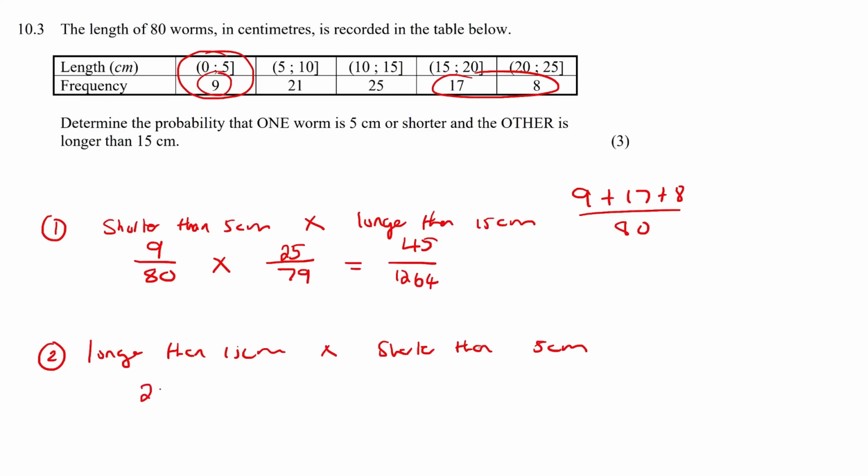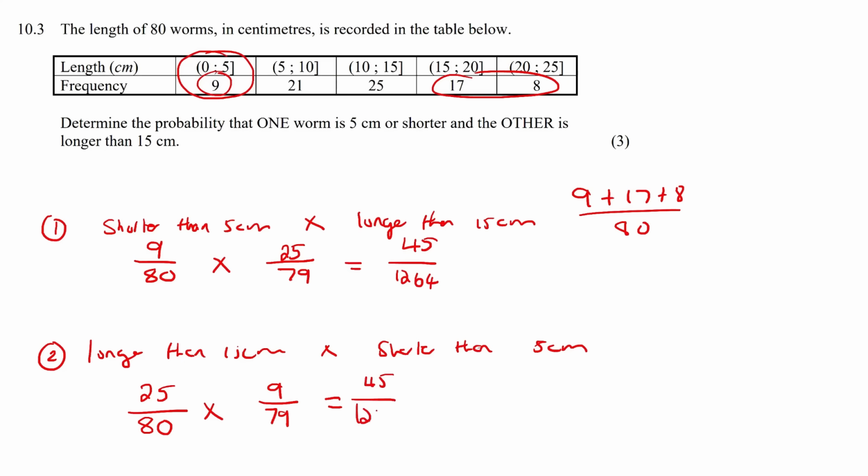So that's going to be 25, and there are still 80 worms, because in this scenario he's choosing the longer worm first. And then he chooses the shorter worm second. So now it's going to be 9, but there's only going to be 79 worms because he's already chosen a worm. If you work this out, it's also going to give us the exact same answer.